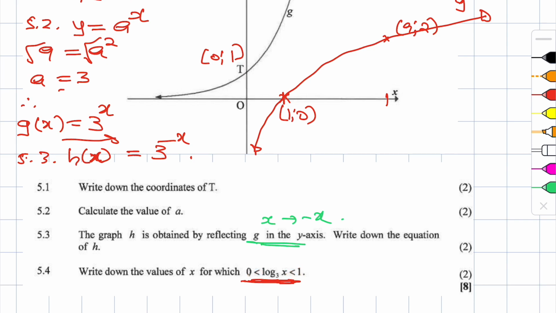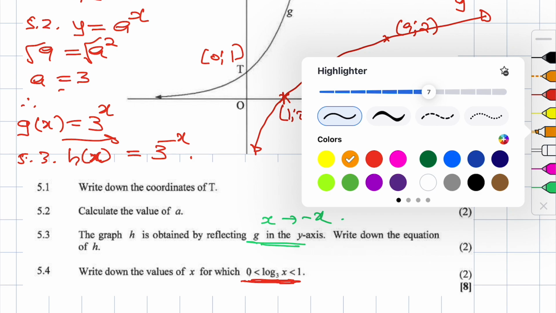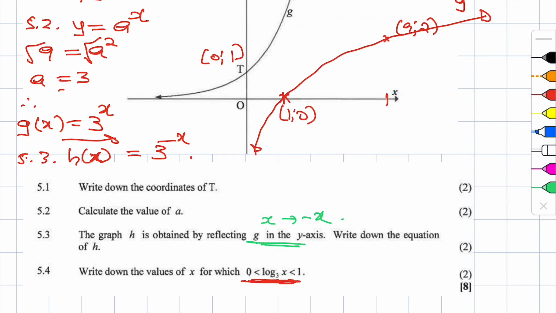So one way of doing it is to draw a horizontal line at 0 and another horizontal line at 1. Then we're looking for the value of x such that the graph is in between those lines. So I'm going to draw those lines. I'll start with 0, which is basically the x-axis.